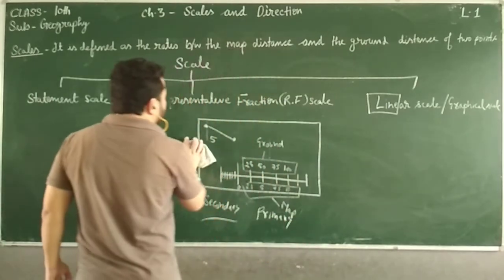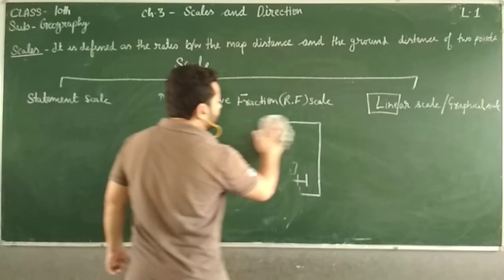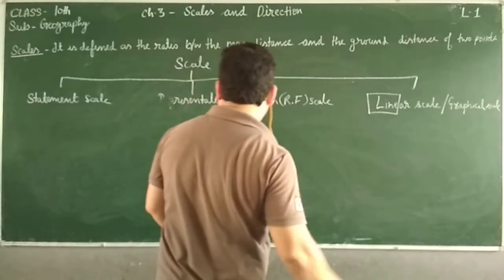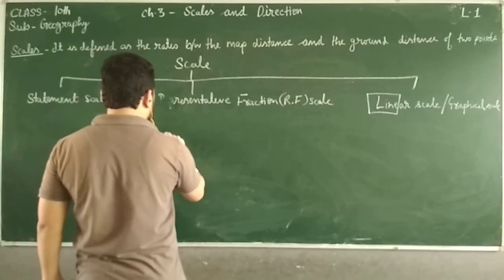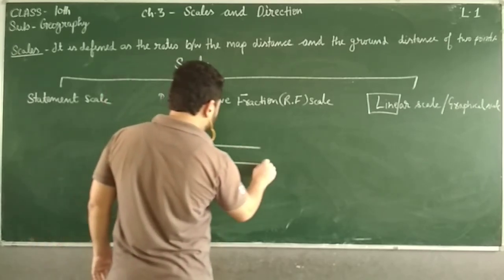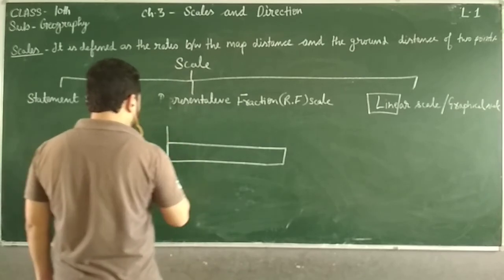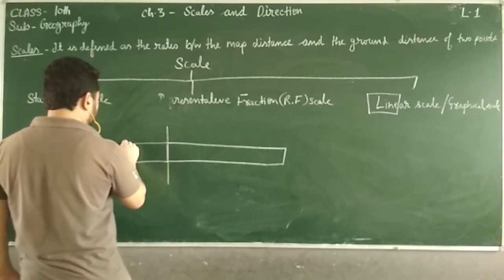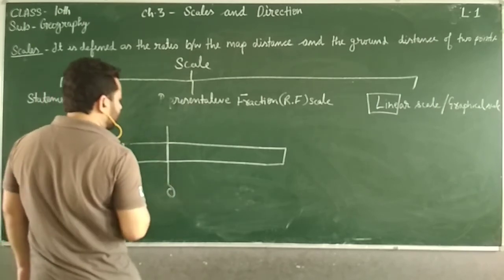Now again I may tell you by taking a very easy example, linear scale. Linear scale is nothing, it is just a line. One line is drawn, sometimes it is also drawn like this, box type line. This one is 0.